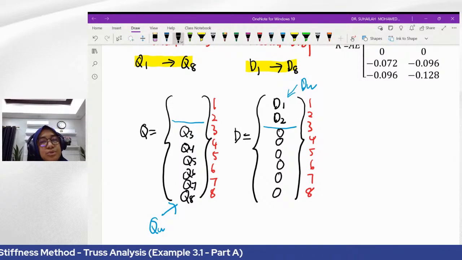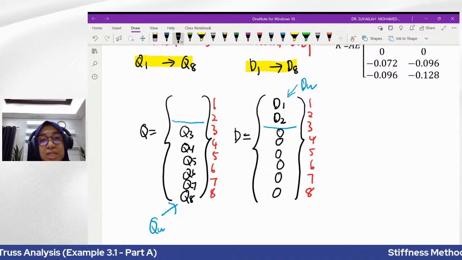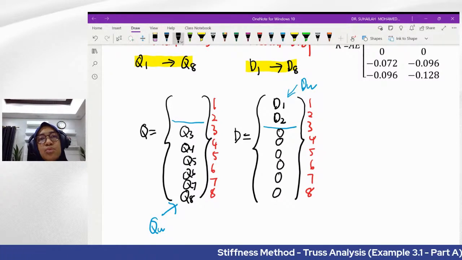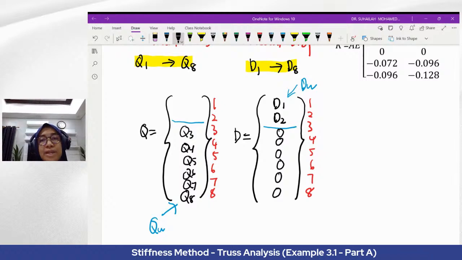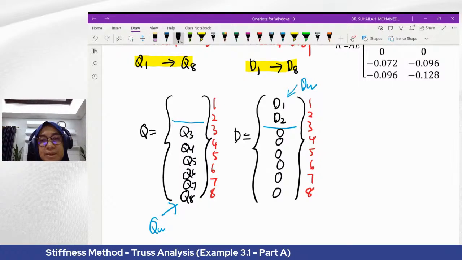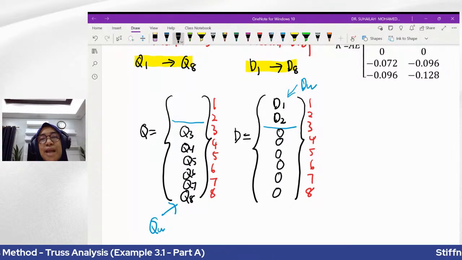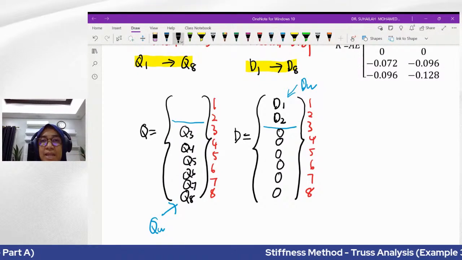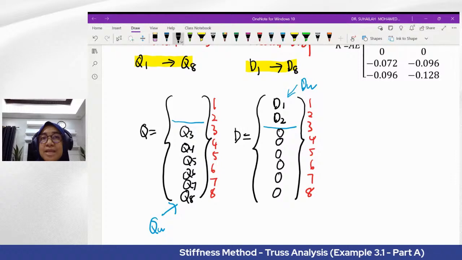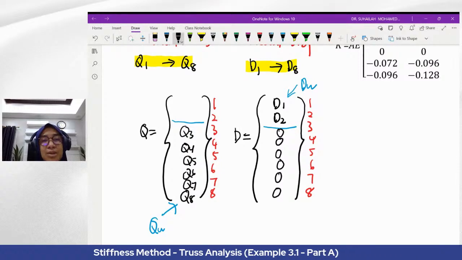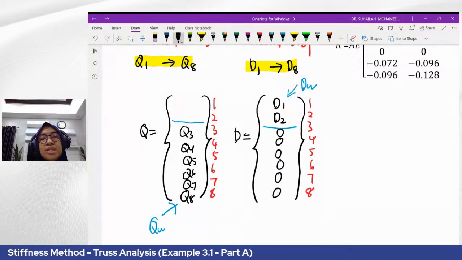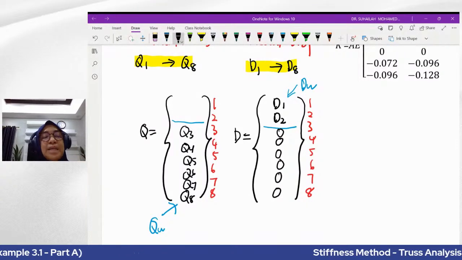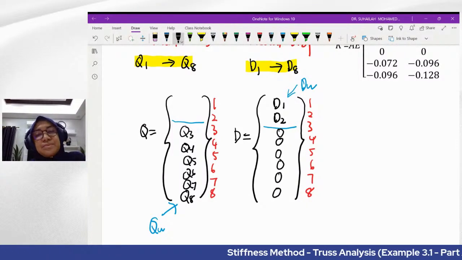The same goes for position 1 and position 2. At positions 1 and 2, for D, there are two unknown displacements. It means that in the opposite condition, under Q at positions 1 and 2, it must be a known value.